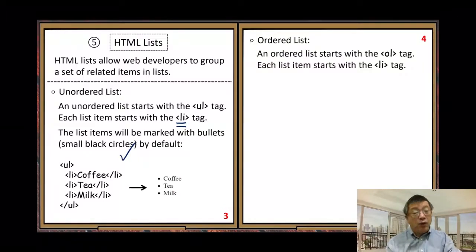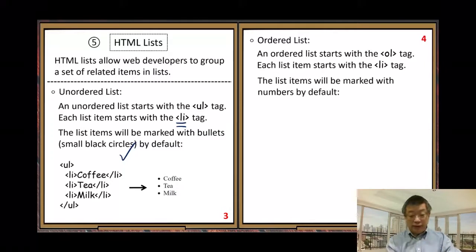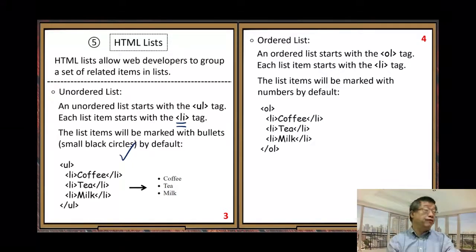An ordered list starts with the OL tag, and each item is still an LI tag. The list items will be marked with natural numbers by default, but you have options to number them in different ways. Let's look at the default one first.